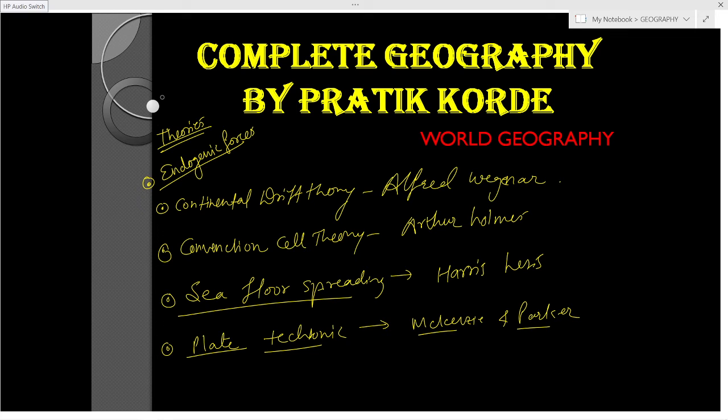Now, as far as the continental drift theory is concerned, sit down and just listen to the story. The continental drift theory was suggested by Alfred Wegener in the year 1920. According to Wegener, if this is Earth, there was a landmass called Pangea and a very big ocean, Panthalassa.